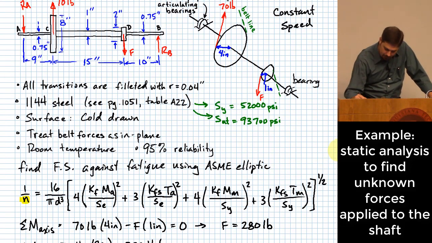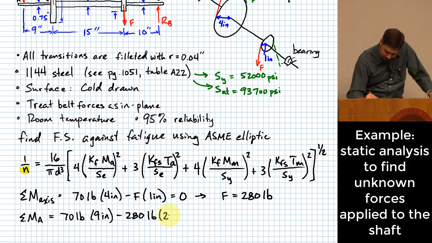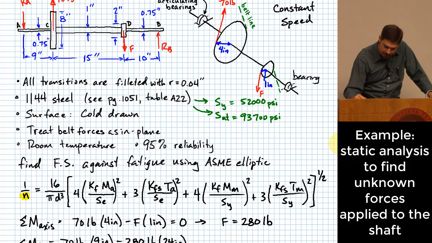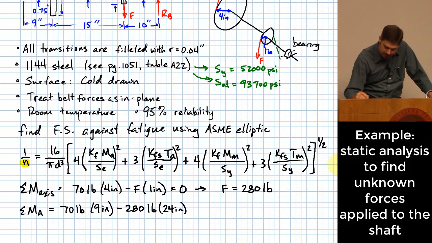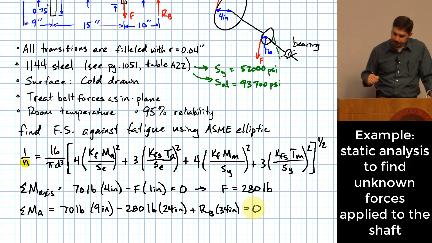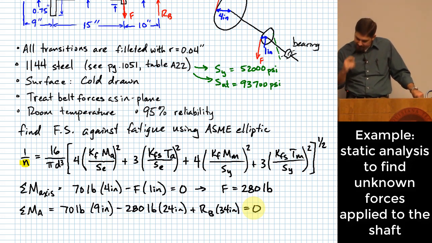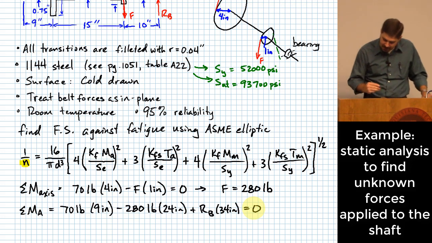How far is that from point A? Okay, 24 inches. And then I have R sub B, which is going to be 34 inches. All right, and this all is going to sum to 0. Okay, and if I solve for that, then what I end up with is that R sub B is going to be 179 pounds.